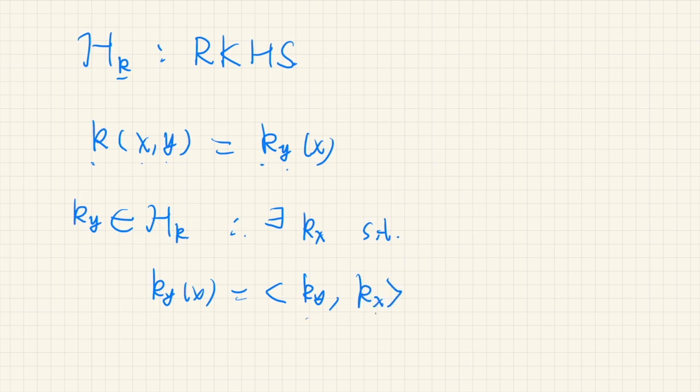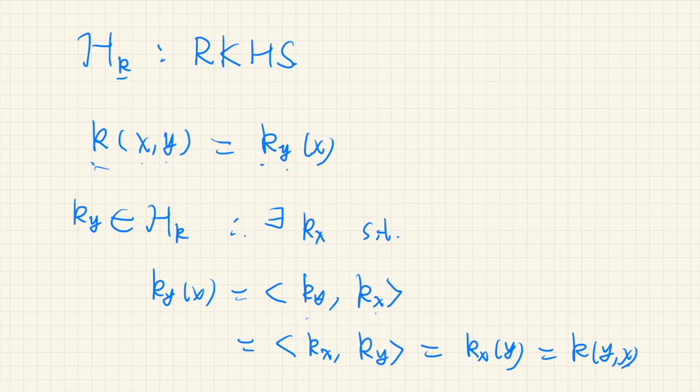And of course, this inner product is symmetric, so we can swap the order, kx and ky, but this is equal, by definition of the reproducing kernel, to kx of y, which is equal to k of y, x. So this function k is symmetric. So let's summarize this: this is equal to kx of y, which is equal to k of y, x.